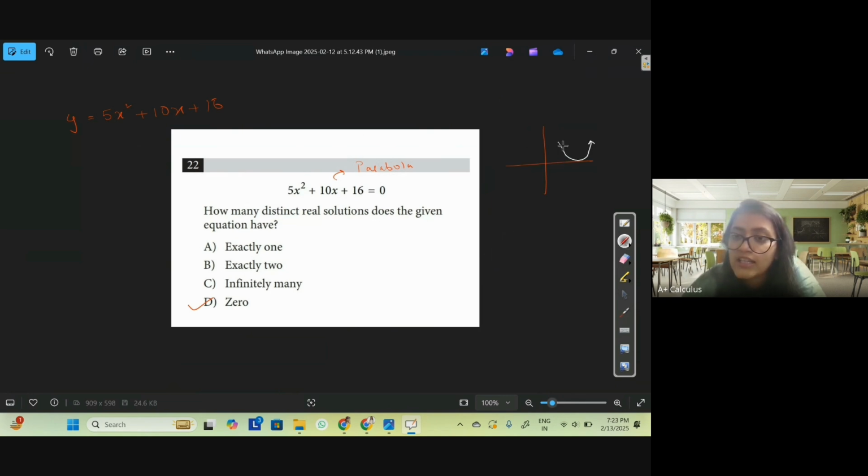If it touches the x-axis at one point, then it will have one distinct real solution. If it intersects the x-axis at 2 points, then it will have two distinct real solutions. And if it does not touch the x-axis at all, then it will have zero distinct real solutions.